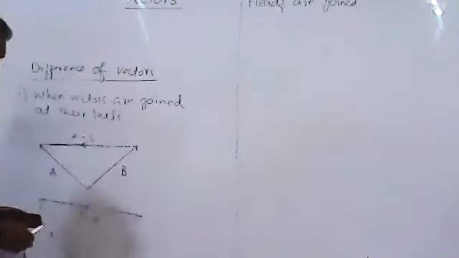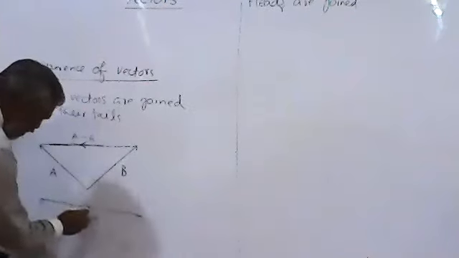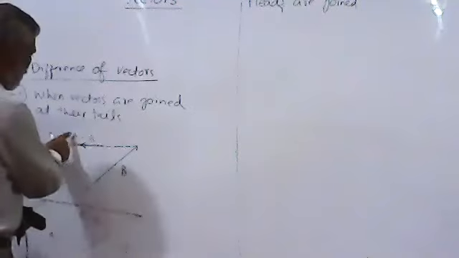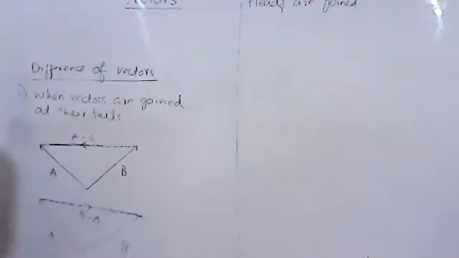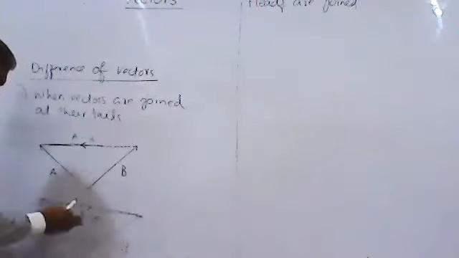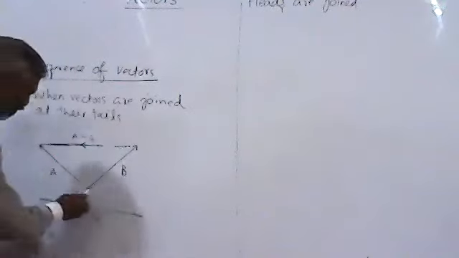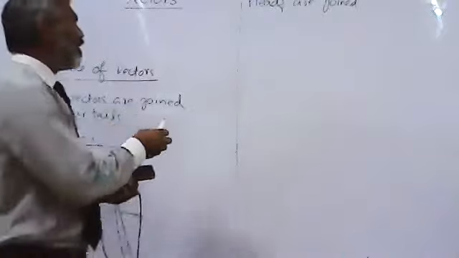The rule I have discussed earlier stated that if B is the later vector in this expression, it should start from the head of B. So in A minus B, it should start from B and move towards A. And if it is B minus A, it should start from the head of A and move towards the head of B.